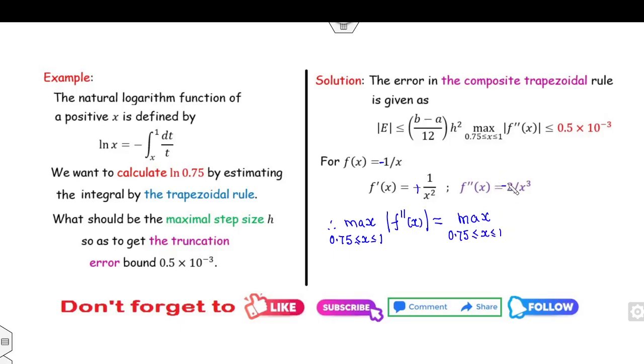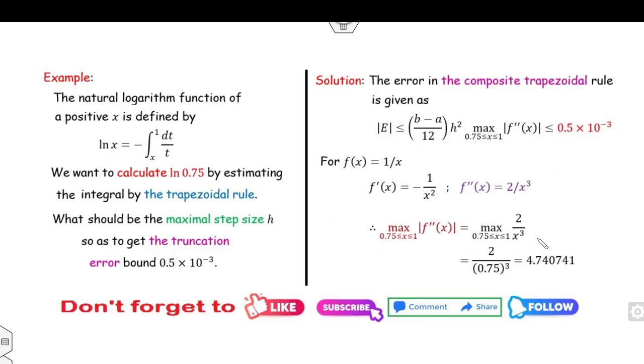If you take the modulus, this negative value becomes positive, it is 2 over x cube. Now clearly the degree of the denominator is greater, so this function is decreasing, and once this function is decreasing, the maximum value occurs at the lower limit. So the answer is 2 divided by 0.75 cube, and after the calculation you will get the answer as this component.